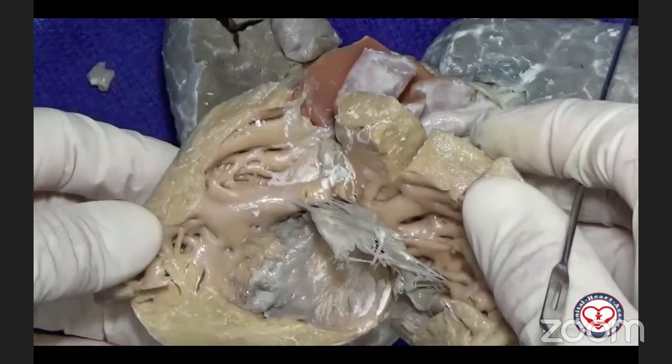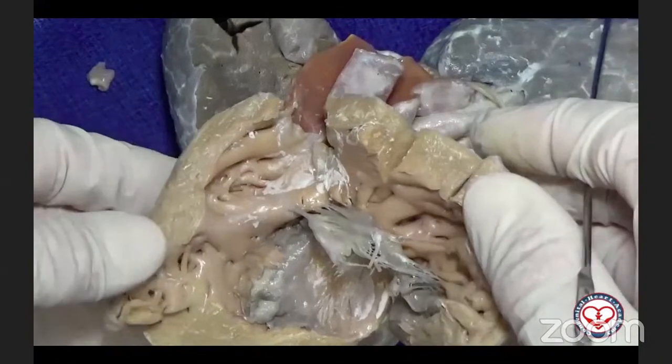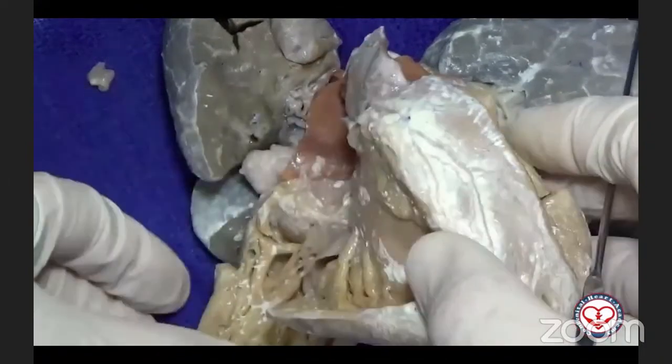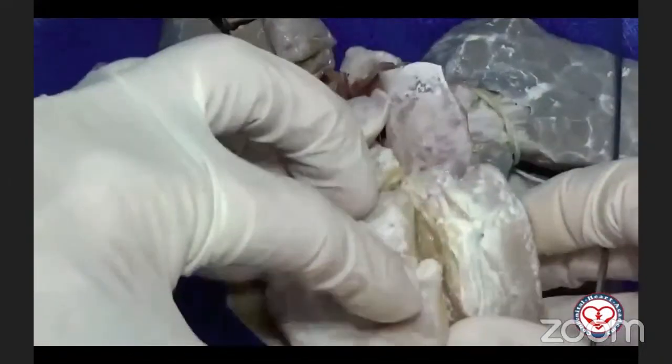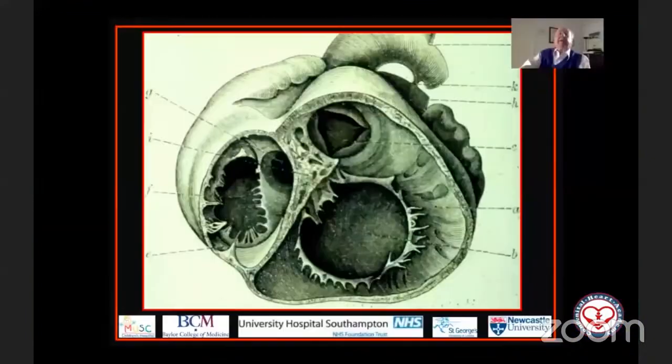The interventricular septum is intact in this case with congenitally corrected transposition. So now you've seen that on occasion, congenitally corrected transposition can have an intact ventricular septum, and potentially it can sustain circulation for a full lifetime.